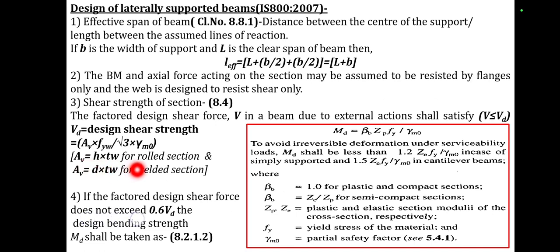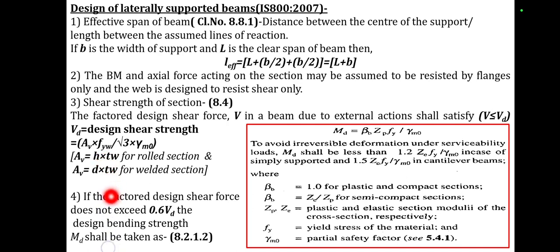It is nothing but the area of the web, my dear students, and Av is equal to small d into tw for the welded section. Here the total depth is taken, and in the case of rolled steel section, the inner to inner depth is taken.